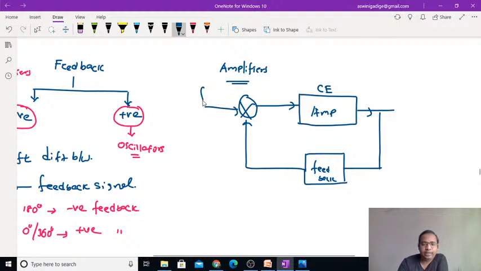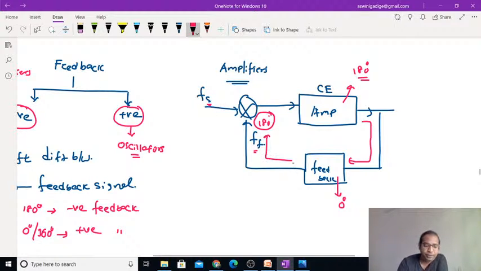It goes like this, and it is a source signal and a feedback signal. Here in the case of amplifiers, the CE amplifier itself will give the 180 degrees phase shift, and this 180 degrees phase shift comes here, and the feedback network gives the 0 degrees phase shift. Now 0 degrees plus 180 degrees, the total phase shift difference is 180 degrees between the source signal and the feedback signal. So it is the case of the negative feedback concept, or the case of amplifiers, right?